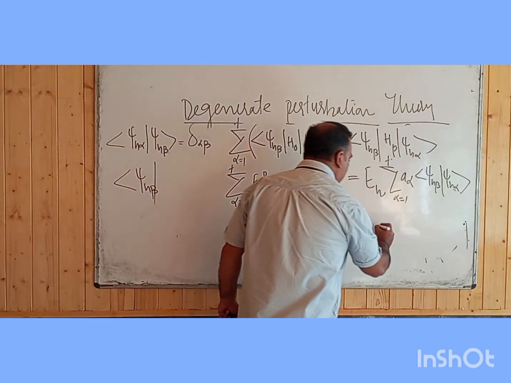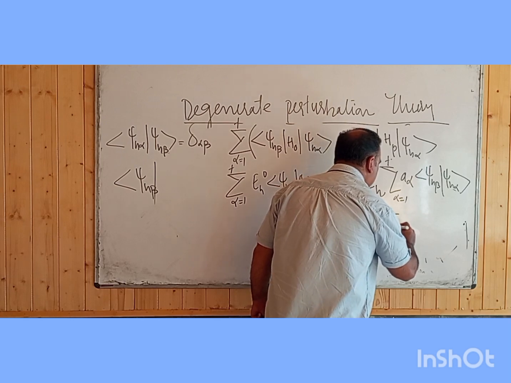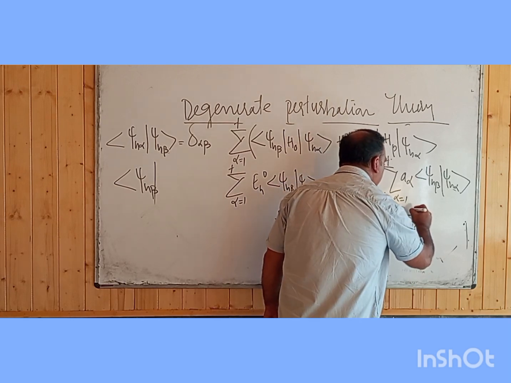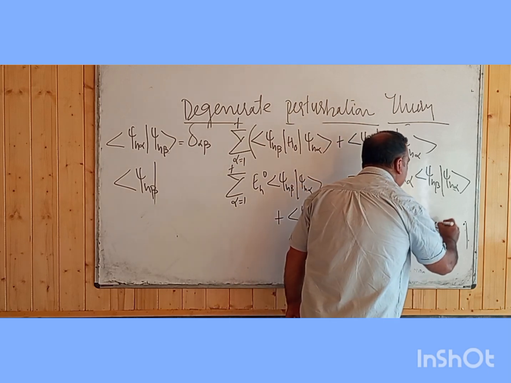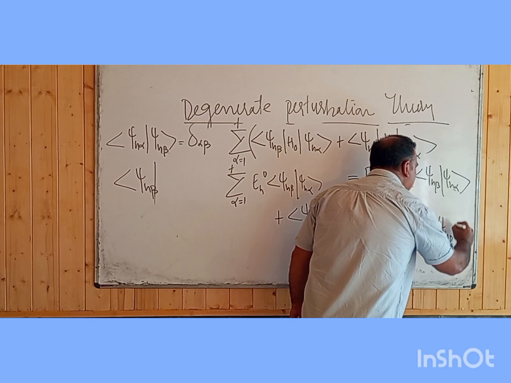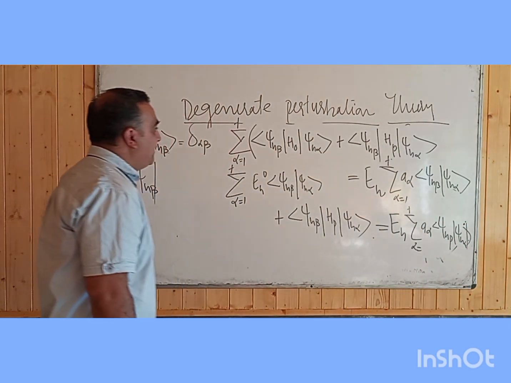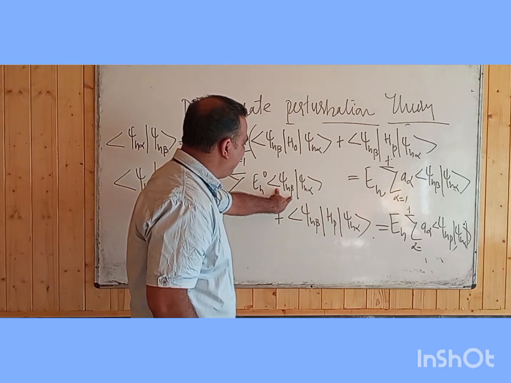And then this will be equal to En sigma alpha from 1 to f, A alpha, and sine n beta, sine n alpha. Yeah, that's fine. So now for this we can replace this by the Kronecker delta.